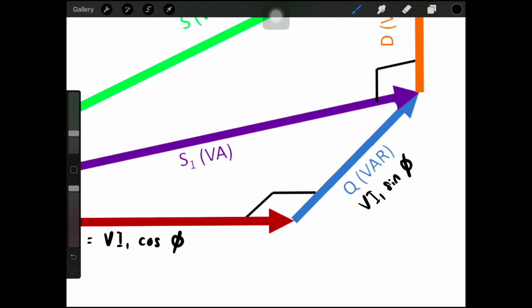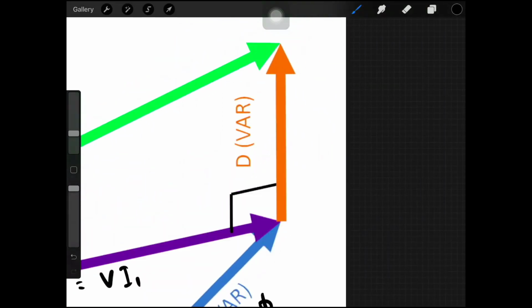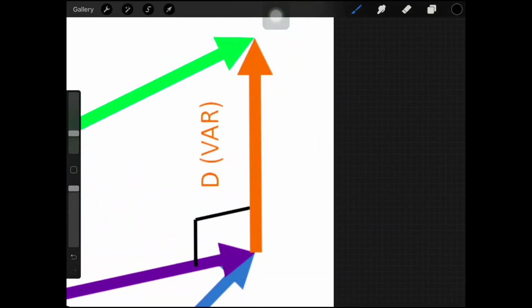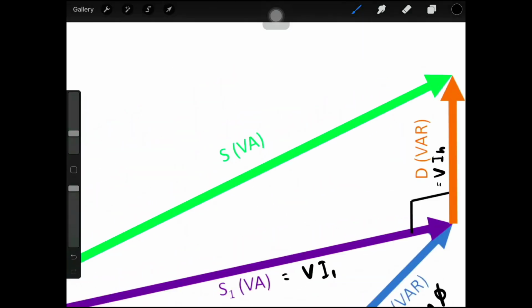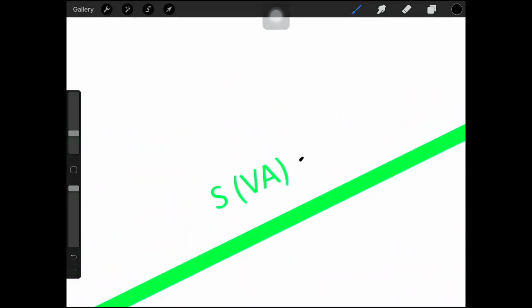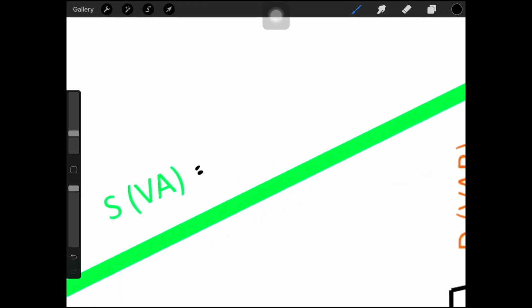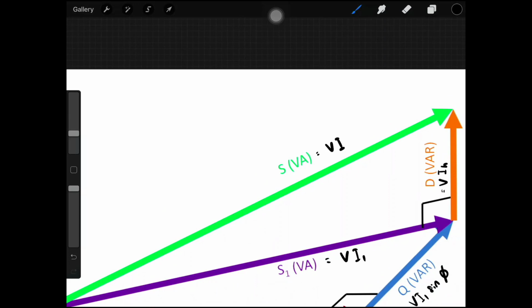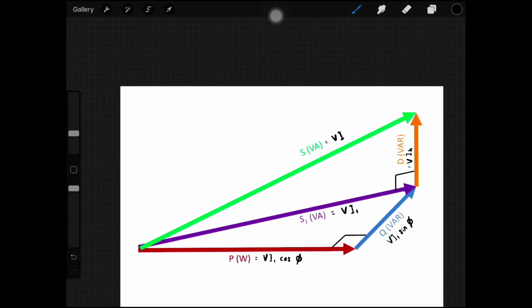S1 is V I fundamental. D equals V I harmonics. S is V I total.